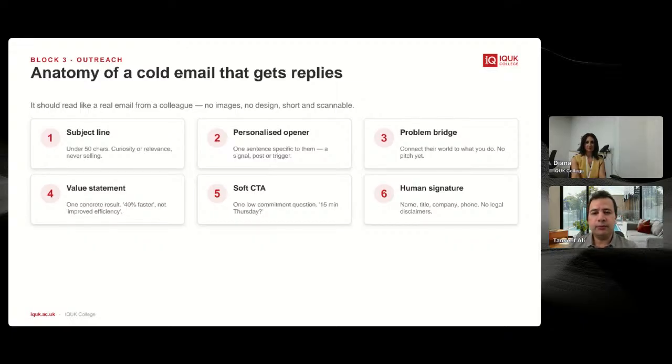There are some rules, because AI doesn't know as much psychology as we know by working with people. So there are some rules to writing cold emails. And the nice thing is, again, you can tell these rules to ChatGPT and Claude, and then it can write emails along these lines.